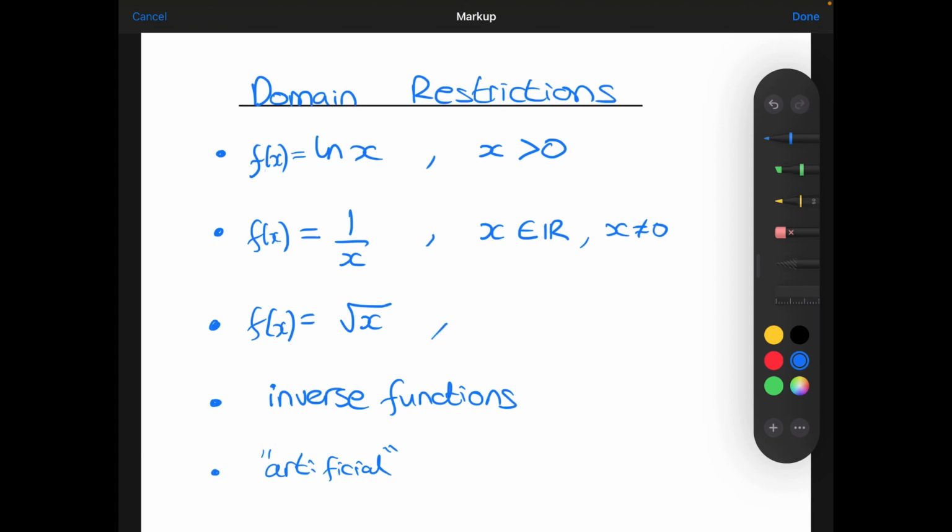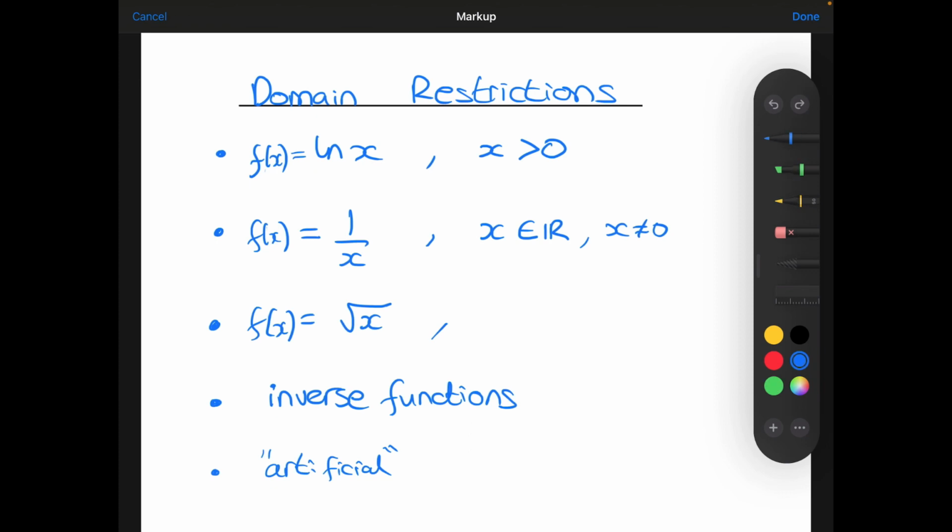Third example, f of x is equal to root x. Again, right now this is not a function because there are values of x here that I can't substitute in. I can't substitute negative numbers in. I can't do the square root of a negative number and get a real number.